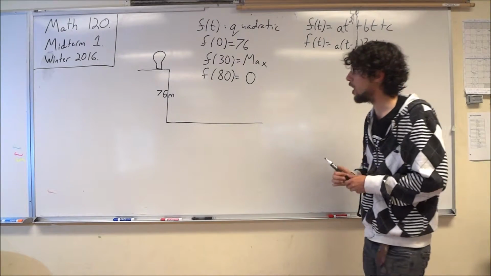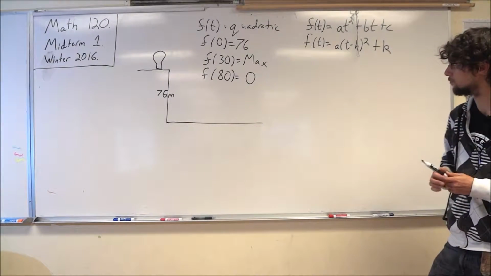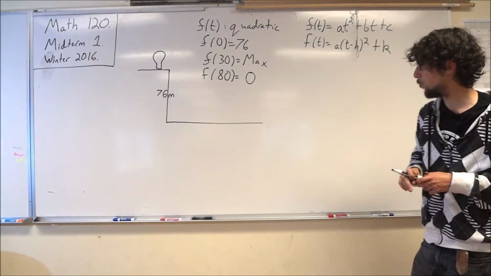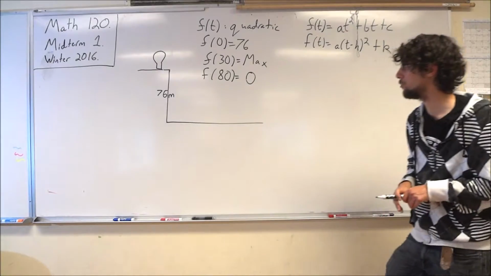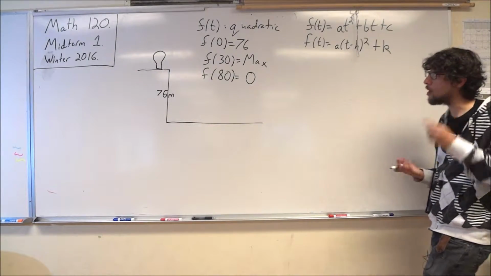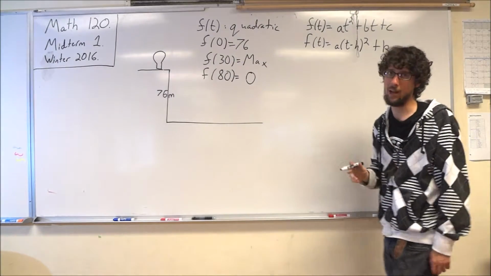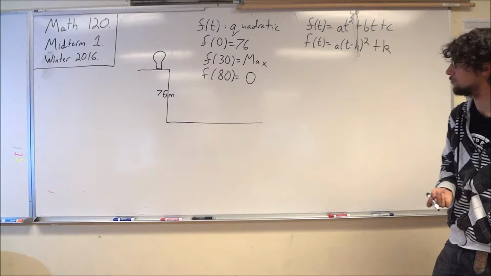With quadratics in general, we need 3 points in order to specify a parabola. So we have 1 point and we have one other point. But we need a third point. How are we going to get this third point? We have one more piece of data here. We have this fact that f of 30 is the max. And that's going to help us to generate a third point.